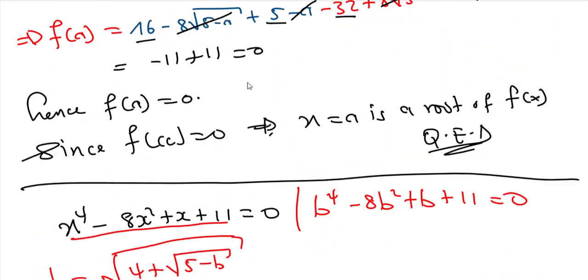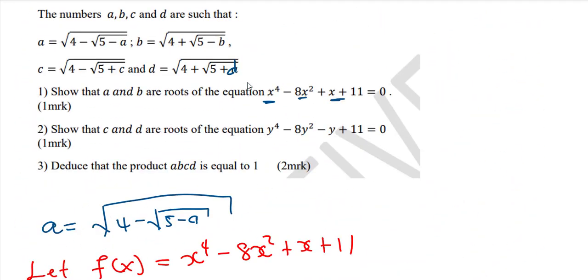Now let's do the last one. The last one says we should deduce that the product ABCD is equal to 1. Now I would like us to do a keen observation between these two equations. Now we see that if I pose a change of variable y is equal to negative x, for example, and I substitute it in any of these two equations, that is, if I replace y equal to negative x in equation 2, I will call this equation 1, and this is my second equation.